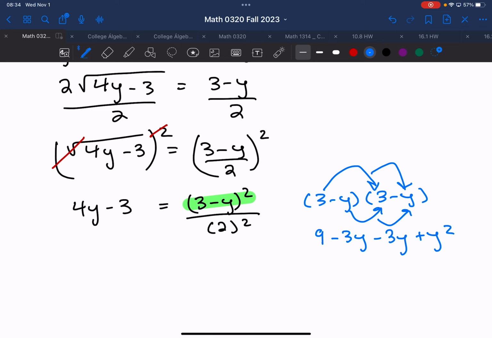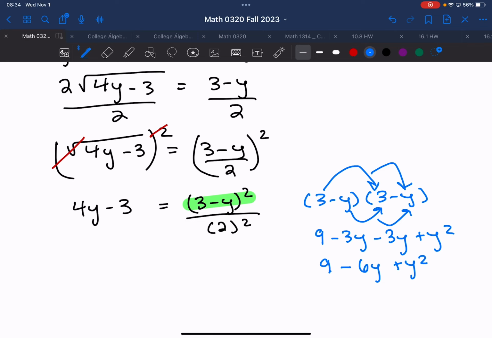Now we're checking if there's any like terms here. What are the like terms that we're going to combine? Good, so this is 9 minus 6y plus y squared. Each of these terms are going to be divided by what? Because what's on the bottom of our fraction? 4.